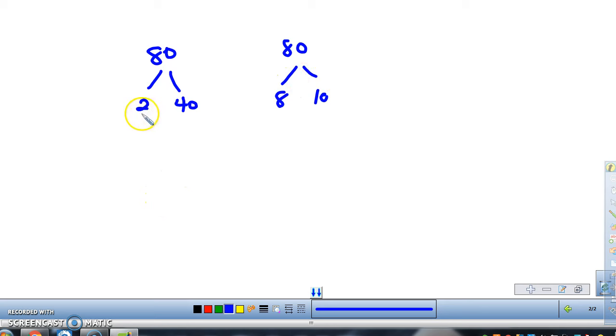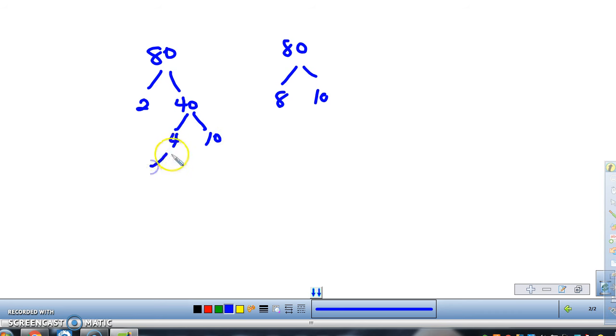Now, 2 is a prime number because it has exactly two factors, 1 and the number itself, in this case 2. So we're done with this chain here, but we can still break 40 down because it's a composite number, which means it has more than two factors. And 40 could be broken down into 5 times 8 or 4 times 10. Let's go with 4 times 10. Okay, 4, again, is a composite number.